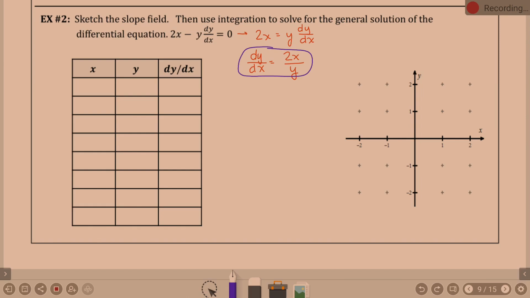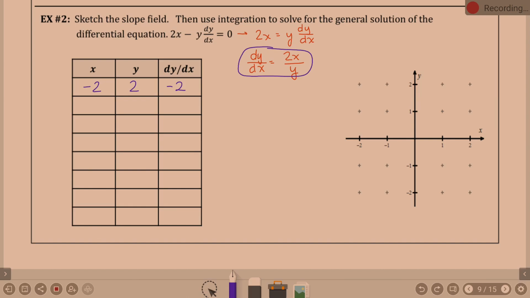So for instance, if we start with that top left corner, -2, +2, into that equation we just solved, plug in -2, +2. Slope of -2.